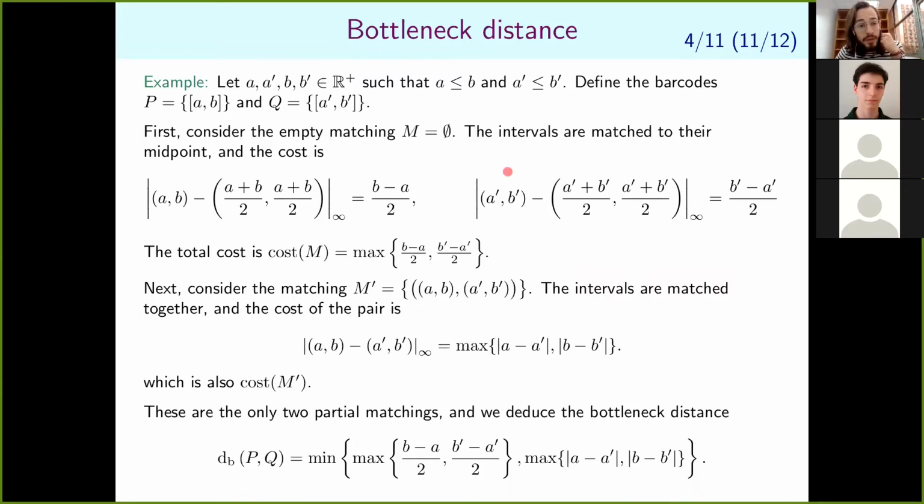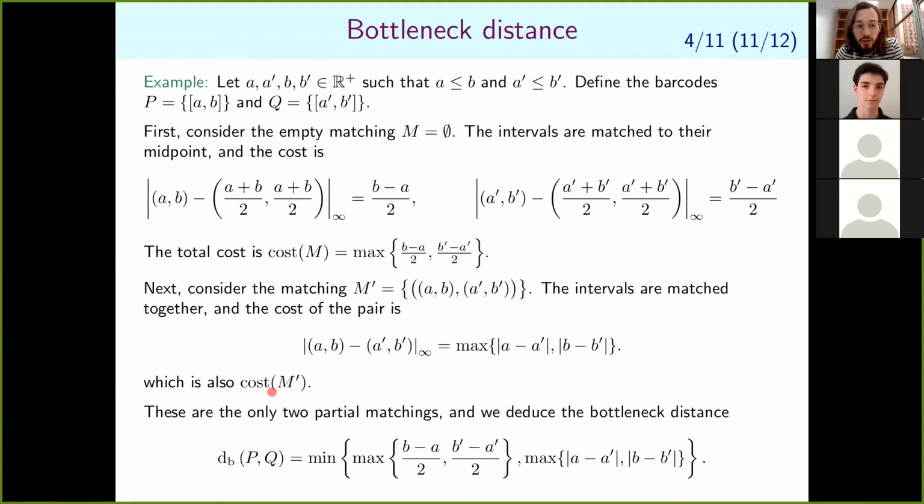Now the non-empty matching, where I match AB to A'B'. The cost of this pair is the supremum of the difference, so this is the maximum between A minus A' and B minus B'. I compute the difference between the endpoints of the intervals.